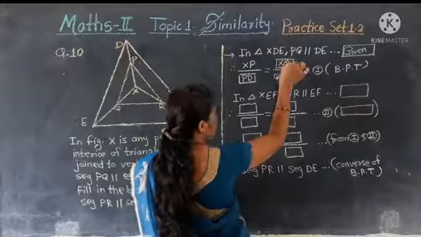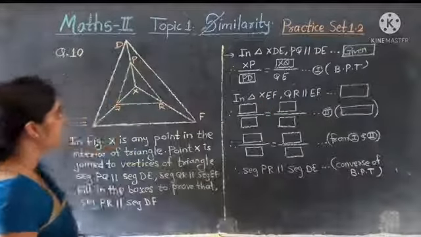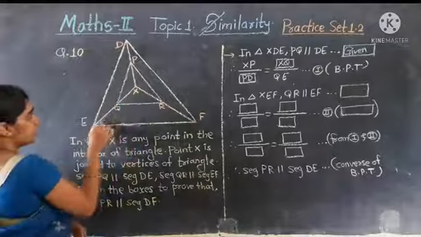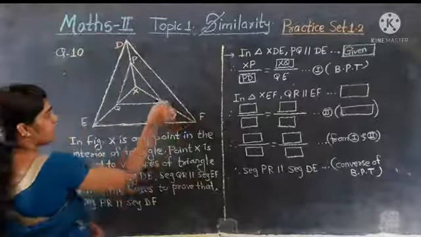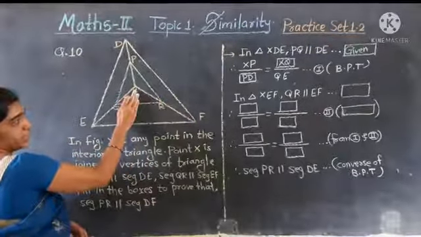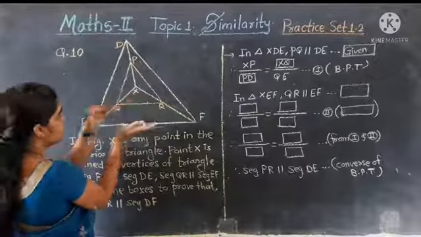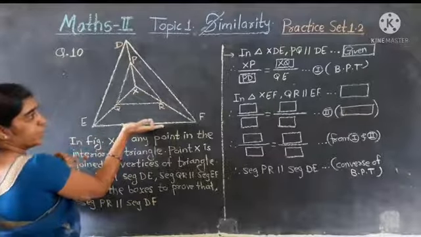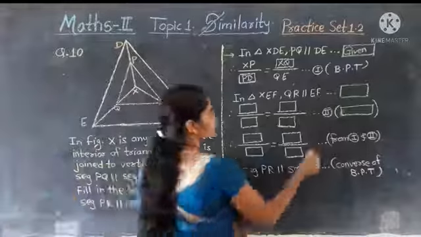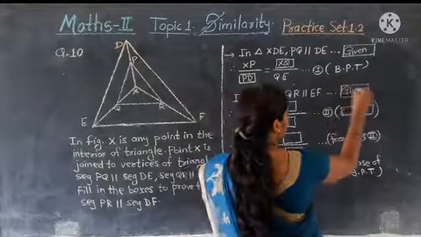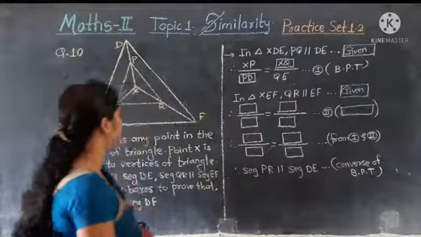Similarly, consider triangle XEF. In this triangle, QR is parallel to EF, as given. So here also we use the BPT theorem.